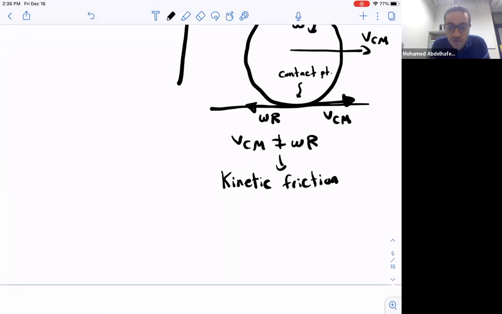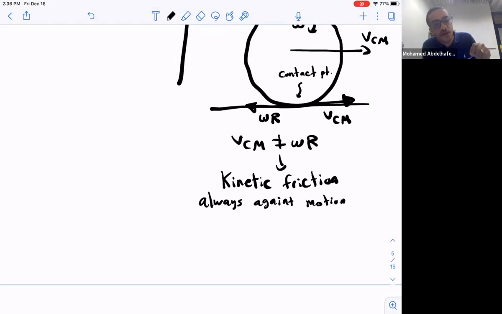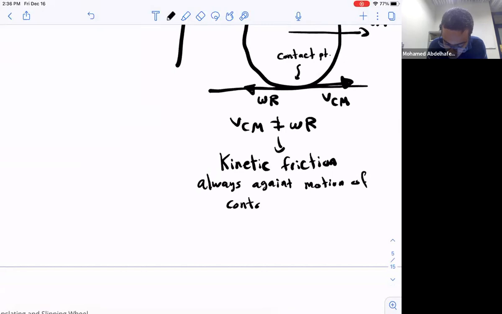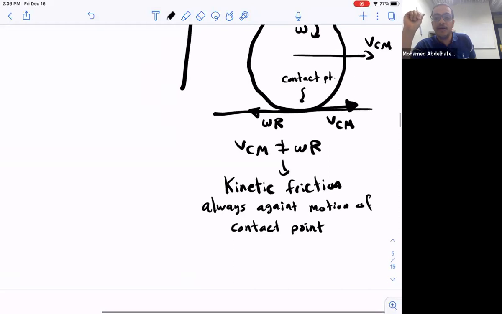The general kind of motion has kinetic friction, and kinetic friction is easy to figure out. The direction of it is easy because kinetic friction is just always pointing against the motion. Against the motion of what? Not of the center of mass, the motion of the contact point. That's what matters.